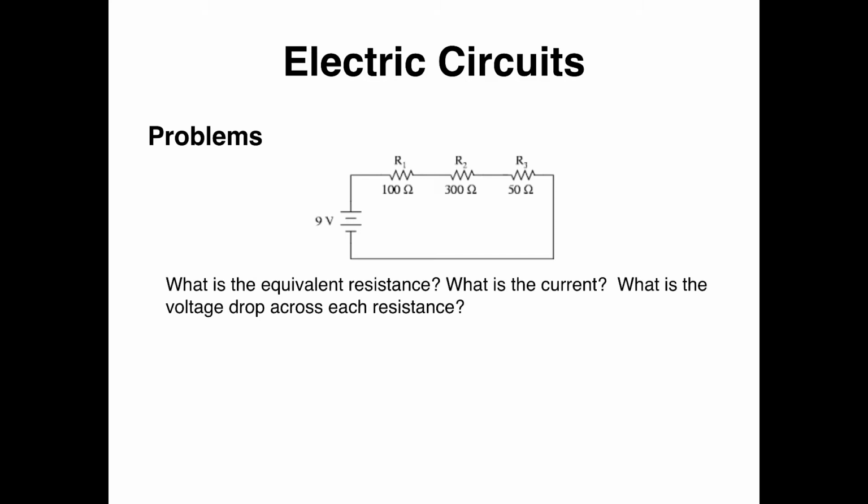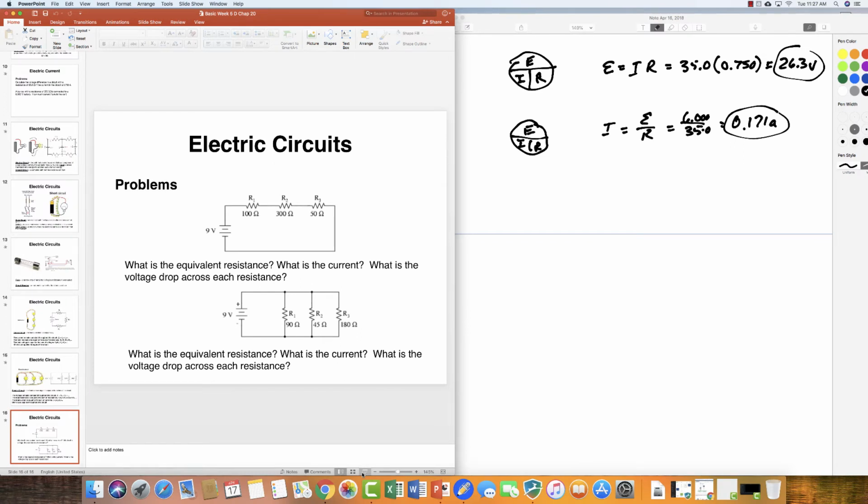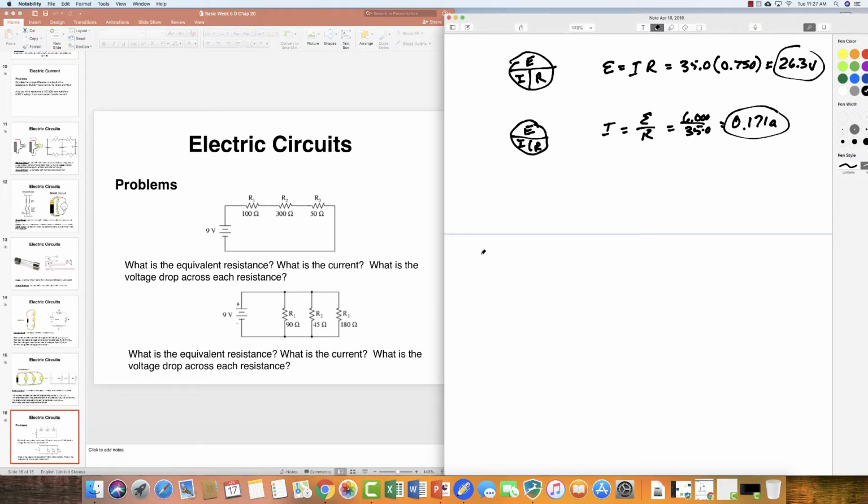What is the equivalent resistance? Now that means what is the total resistance in the circuit. So in order to do that, we have to remember that the total resistance is equal to the sum of the individual resistances.